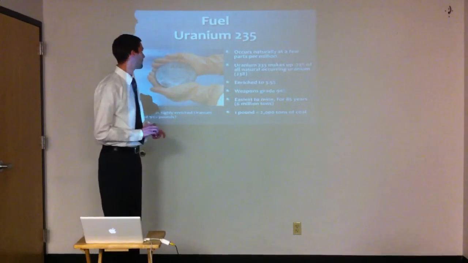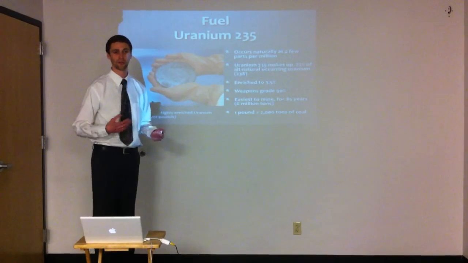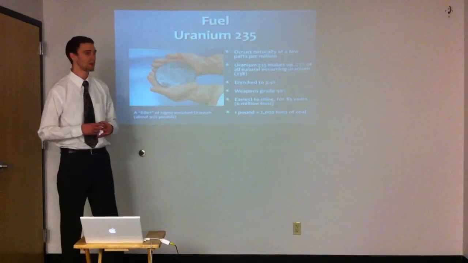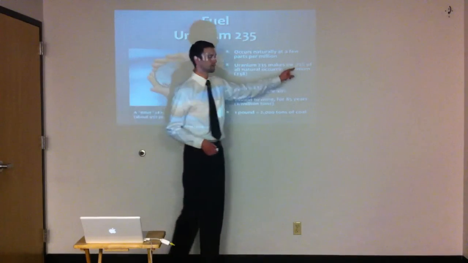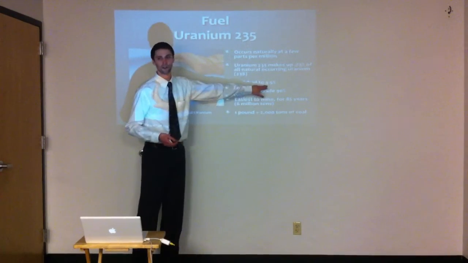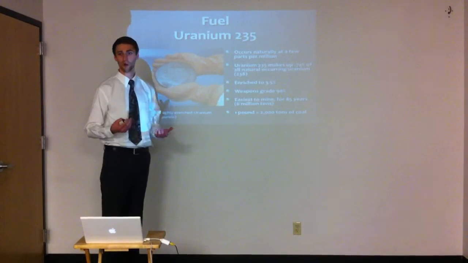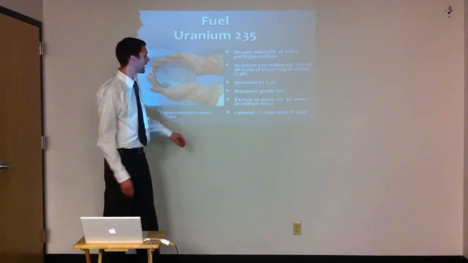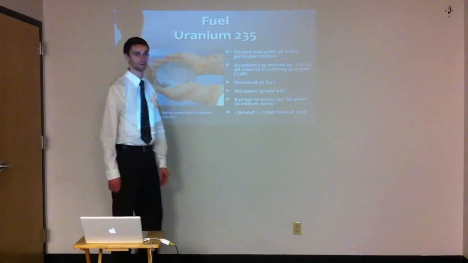So in order for us to use uranium in a nuclear power plant, we have to do what's called enriching the uranium. So we need to get the uranium-235 from 0.72% up to closer to 3.5% in this uranium. Now, if we're going to use this uranium for a weapon and a bomb, it has to be highly enriched up to about 90% uranium-235.